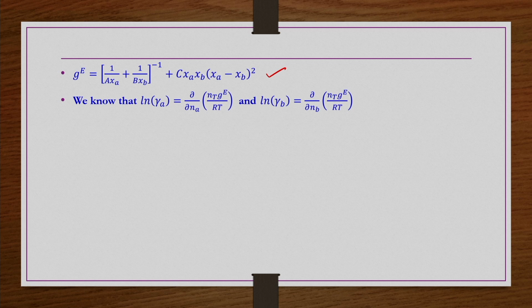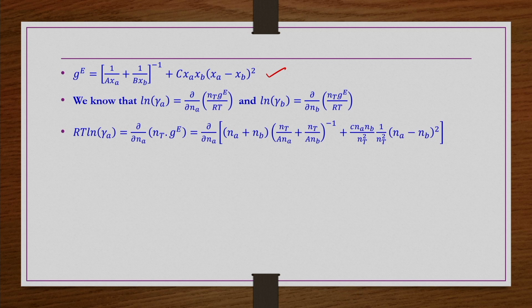So, this GE we are differentiating with respect to NA for ln gamma A. Rather than writing the entire equation in XA XB, we are writing XA is equal to NA by NT, and XB is equal to NB by NT. NT is the total number of moles, NA and NB are the number of moles of components A and B present in the solution, whereas XA and XB are the mole fractions of components A and B present in the solution.